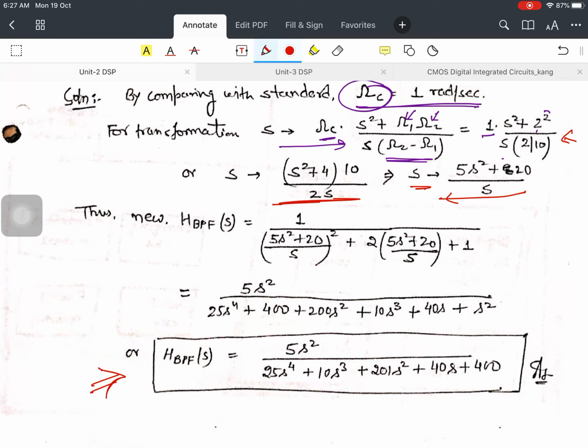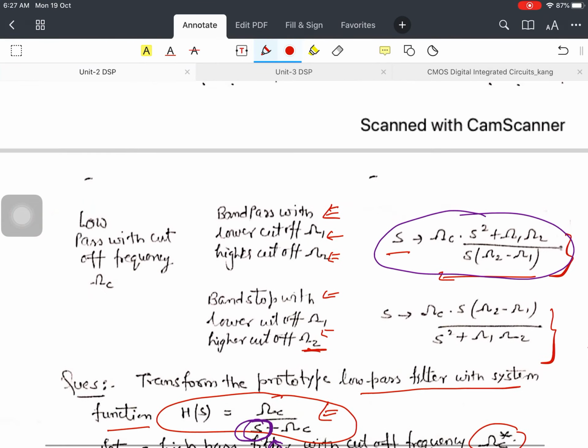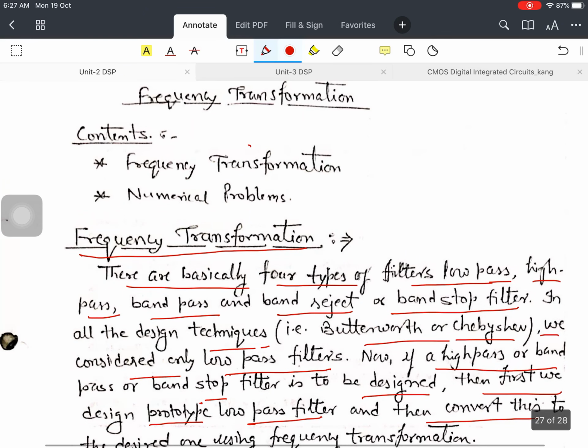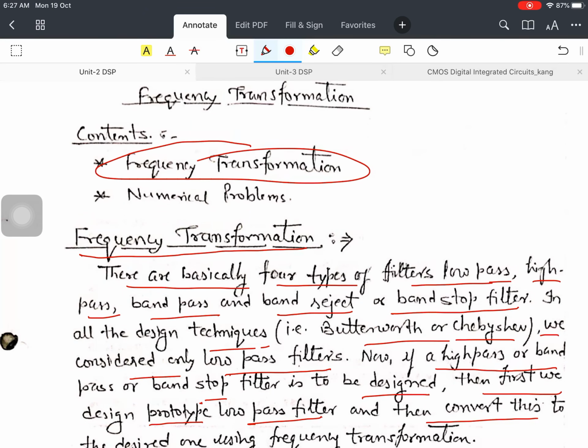So in this way we can convert to any given filter, whether it is high pass, band pass or band reject, with the help of the low pass filter as a prototype. This is all about the topic of frequency transformation. Okay, so thank you students.